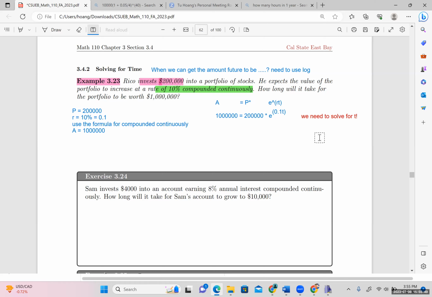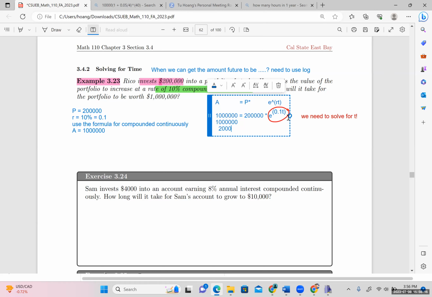But before doing that, you must isolate the exponential form. You must isolate this guy, right? So let's isolate it first. So how to do it? 1 million, you have to divide by 200,000.